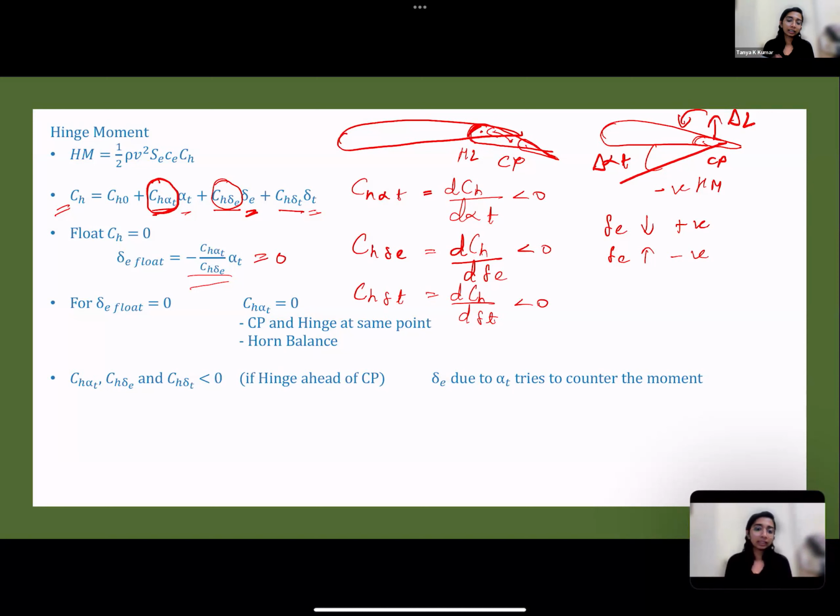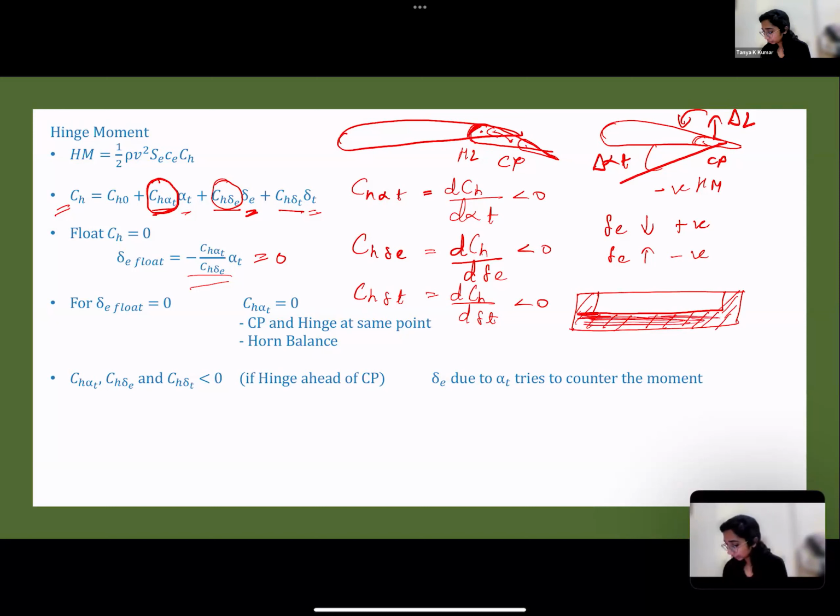Another thing was the horn balance. If this is your tail surface and this outer region is your elevator, the outer region is the one that can be deflected. Now shade this.